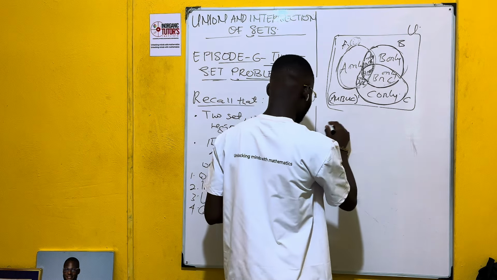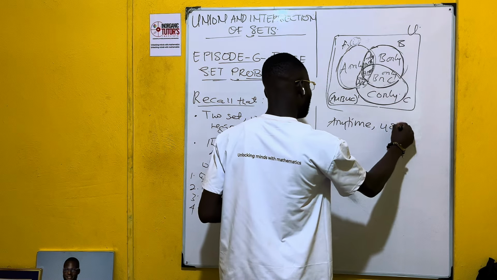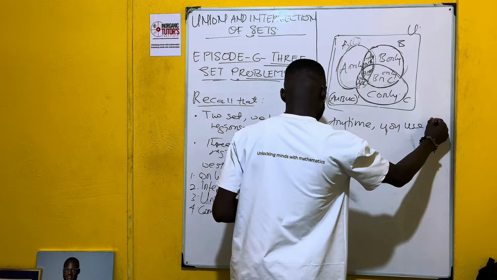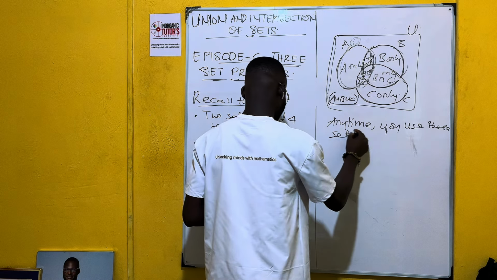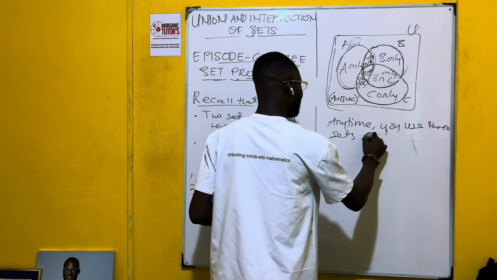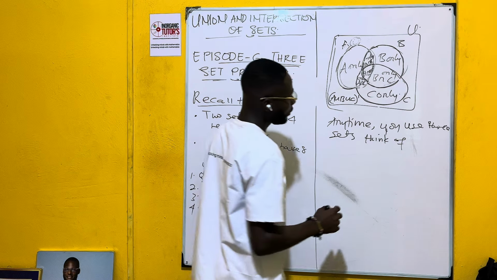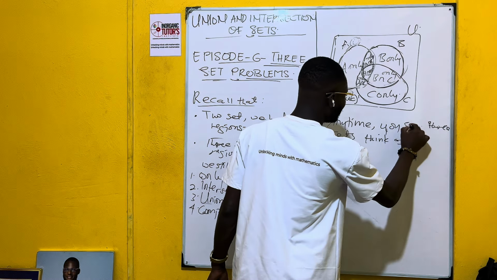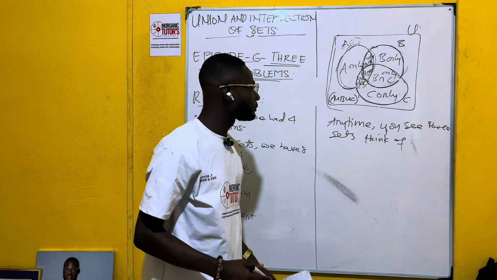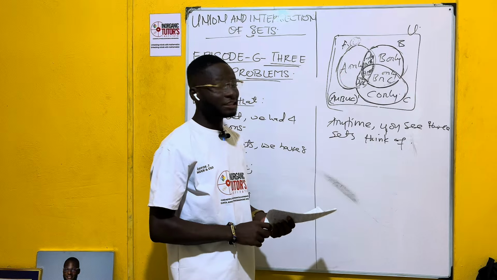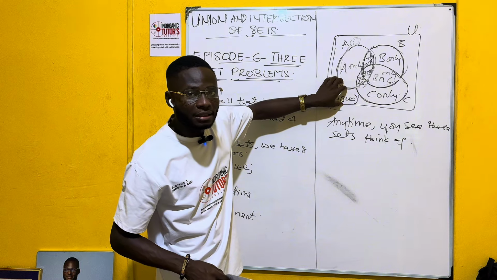So anytime you see three sets, or anytime you see a three set problem, most times you have to think of 7 regions, because sometimes you don't have any complement, right?